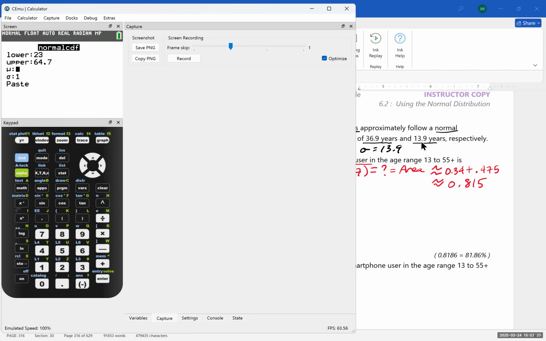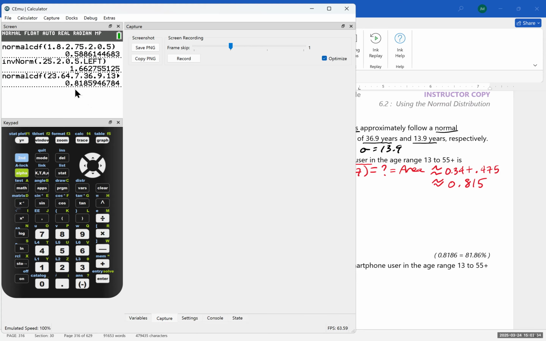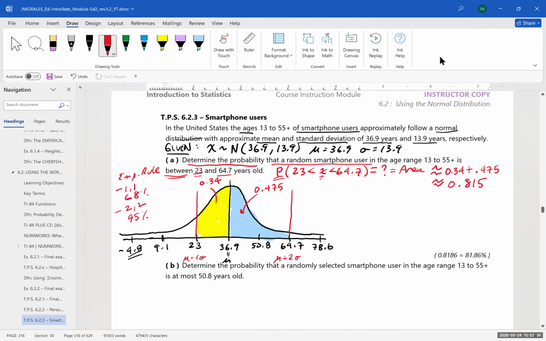The mean was 36.9. Standard deviation was 13.9. And there we go. We get 0.8186. So we get a probability of 0.8186, which is 81.86%.